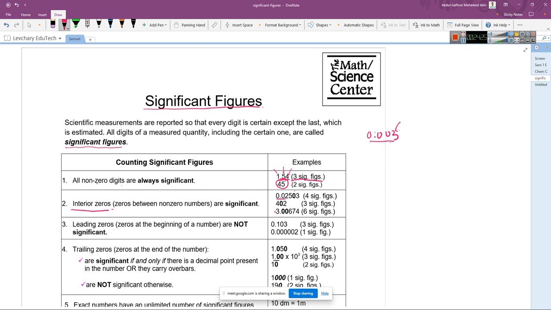And the zeros in between 2 numbers are called interior zeros. Now the interior zero here in this number is this 0, right? So they are also significant, so we will count them.